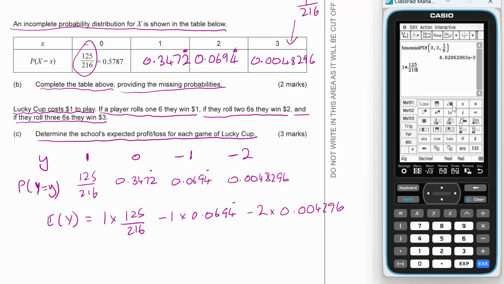I'm just going to click this into decimal. And then I've got take away 0.069444444. Take away 2 times my last answer. And that gives me 0.5. And so the expected winnings are 50 cents.